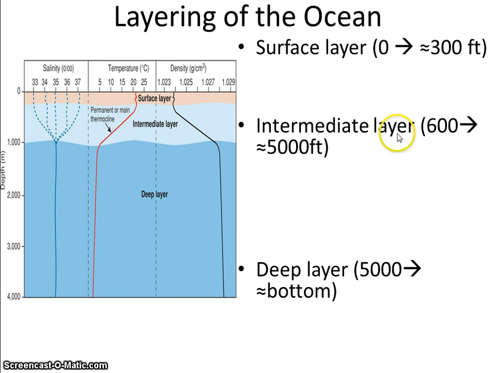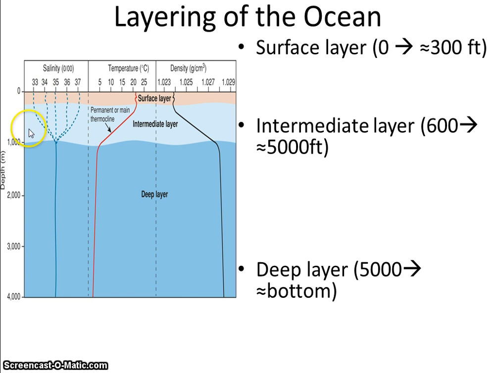In order to talk about layering of the ocean, we have to look at salinity, temperature, and density with respect to depth. And in order to do that, we're going to use our old friend, the ocean profile. You might remember this graph from when I taught you about how oxygen changes with depth. But just as a little bit of refresher, on the y-axis of the ocean profile, you have the depth of water in reverse order.